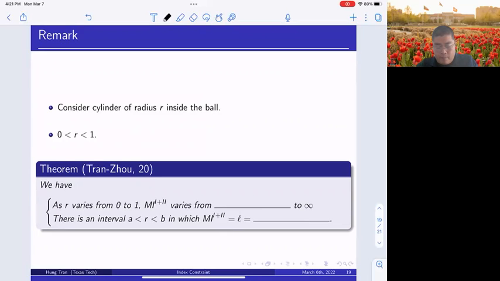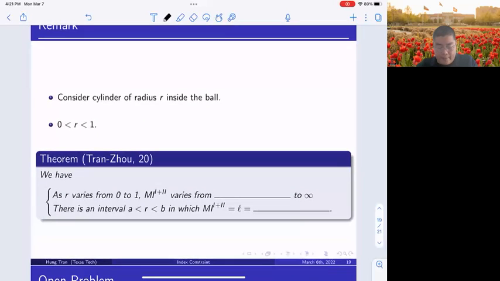The summary is that as r varies from 0 to 1, the index varies from n plus 1 to infinity. So clearly there's some index jump, because the index doesn't assume any value between 0 and n, but it starts at n plus 1.